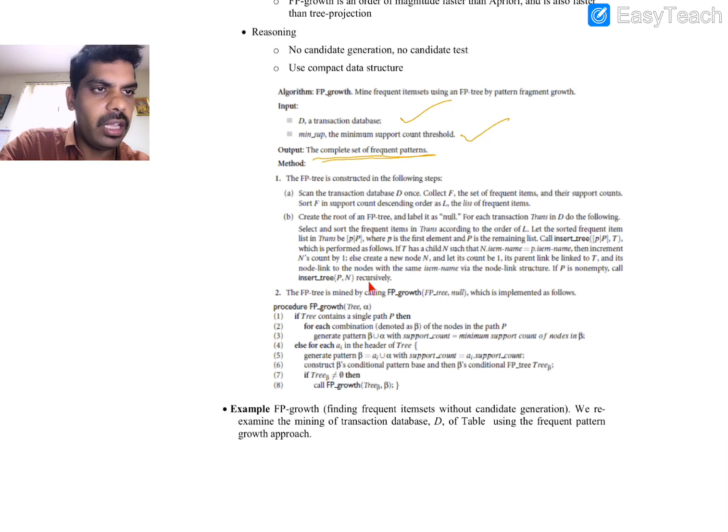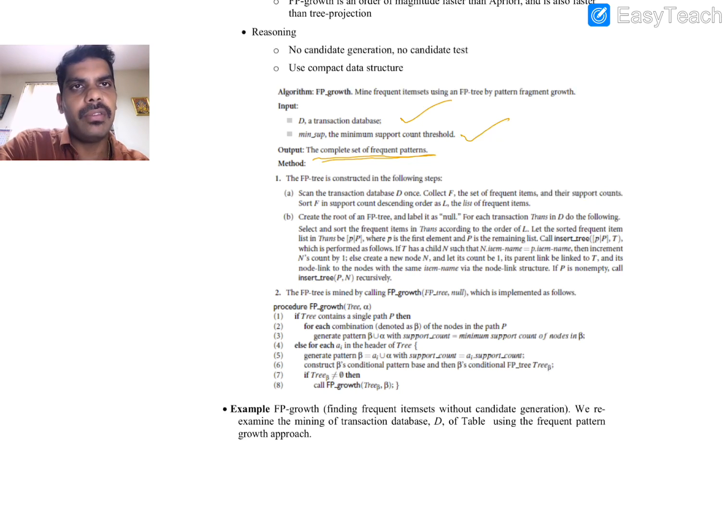In FP growth, if the tree contains a single path, then for each combination, denoted as B, of the nodes in the path, we generate pattern B with the minimum support count of the nodes. Whatever nodes existed, we created; otherwise we incremented the count at the same level.